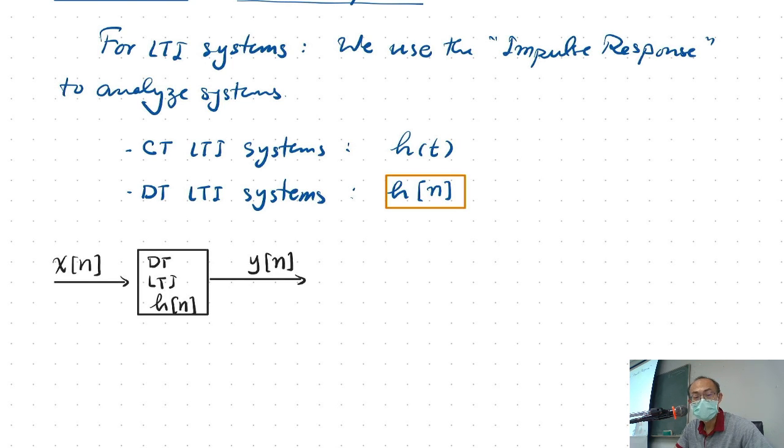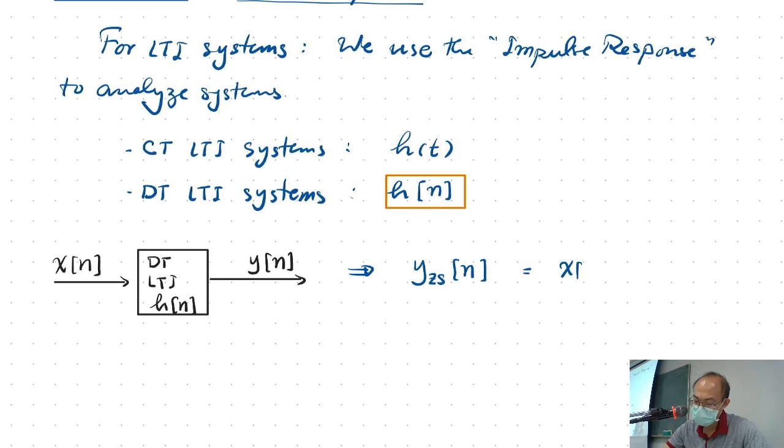So y[n] is the output from the system with impulse response h[n] with the input signal x[n]. Then it turns out that we can determine the zero state response y zero state of n, and y zero state can be determined using the convolution sum between x and h.